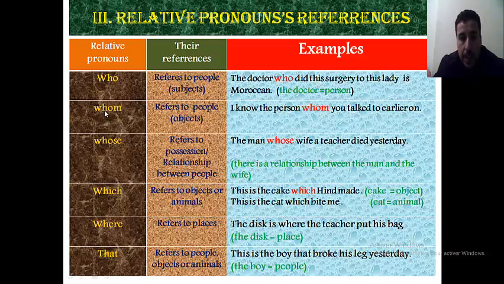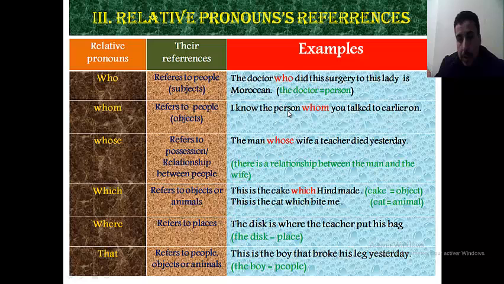Now we have whom. It also refers to people, but as an object; this is subject and object. I know the person whom you talked to earlier on. I know the person you talked to, meaning the person you talked to a little while ago. Okay. So I know the person, at whom it refers to the person.